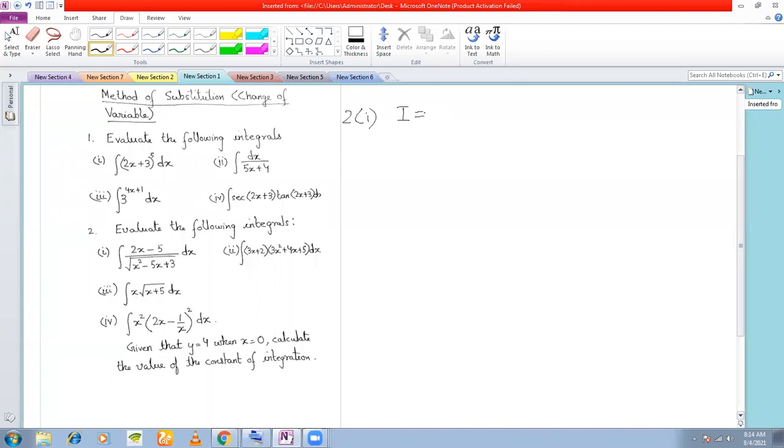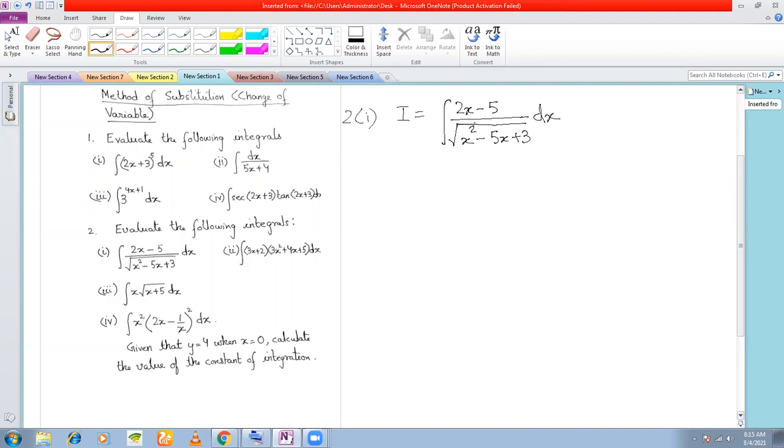Part 1. The integral here is (2x minus 5) divided by the square root of x square minus 5x plus 3 dx. Now this is a very important integral. In fact, this type of integral is very important.